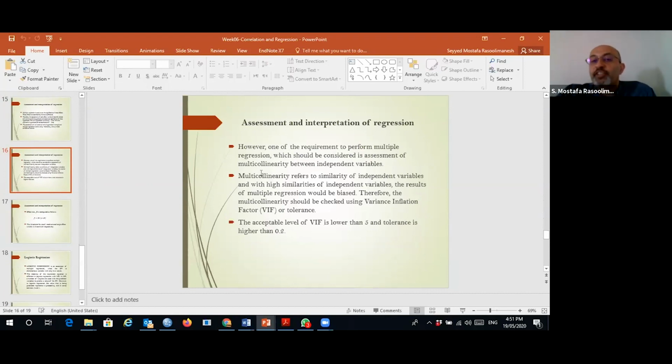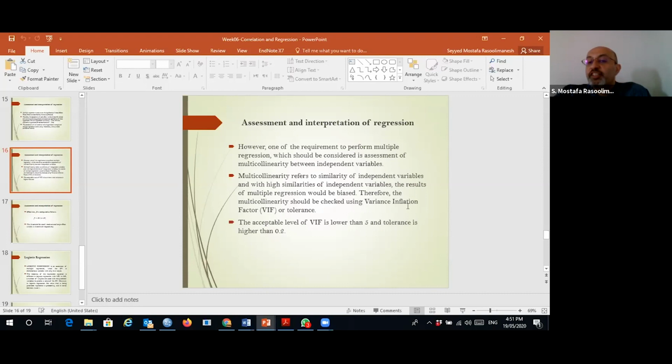Two more things for interpretation of regression. We also need to calculate another criterion: multicollinearity, the variance inflation factor, or VIF.